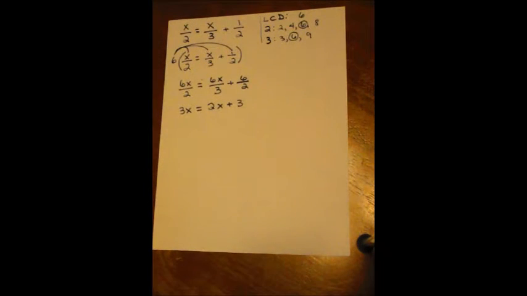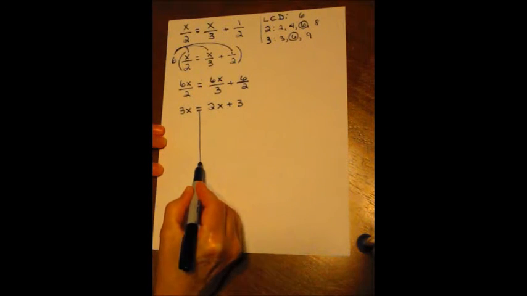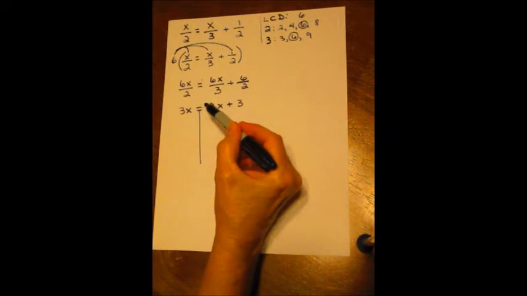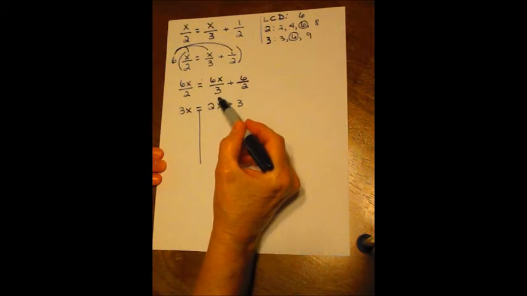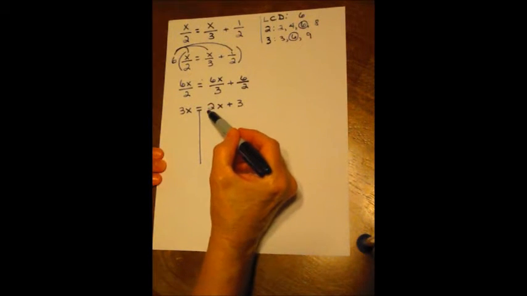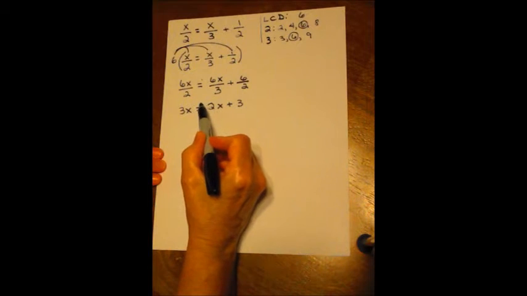Now I have a much cleaner equation to solve. So I'll draw my line, and I notice that I have a variable on both sides of the equal sign. So that means I need to look at the one on the right and do the opposite of it. I know that this 2 is positive because there isn't a negative sign out here to tell me differently.